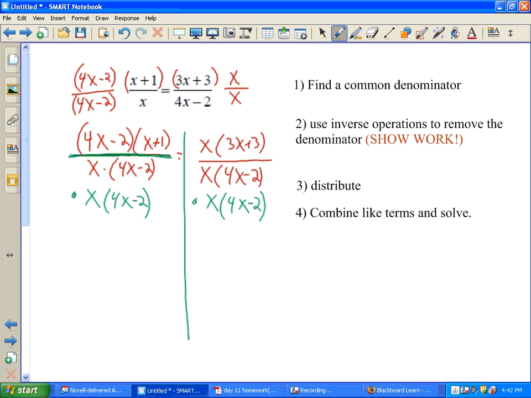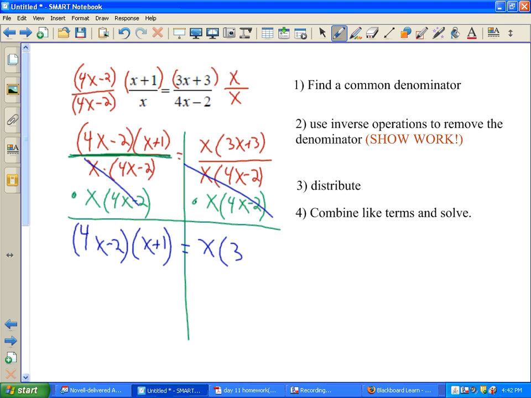So remove the fraction bar. You've got to do the same thing to the left as you do to the right. So we had a common denominator before being able to remove it. These go away, and we're left with the quantity 4x minus 2 times x plus 1 equaling x times 3x plus 3.